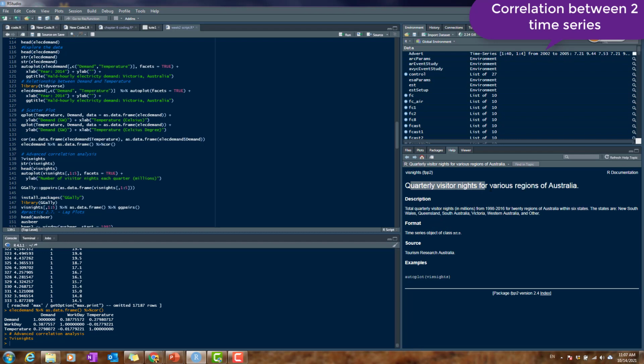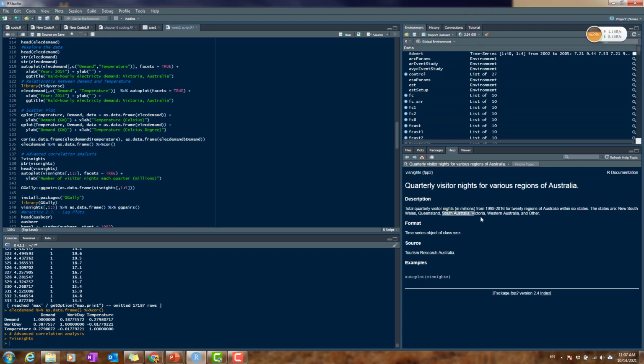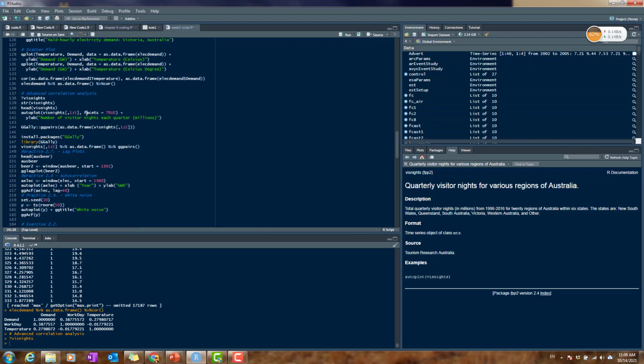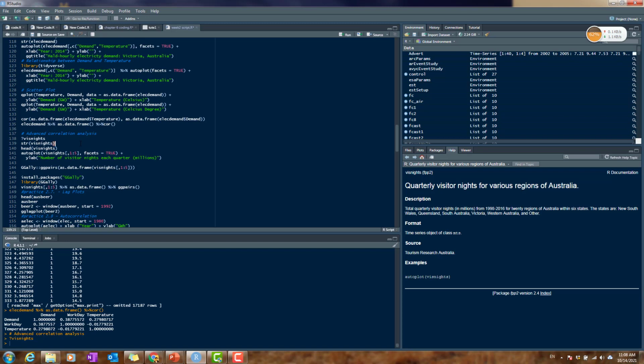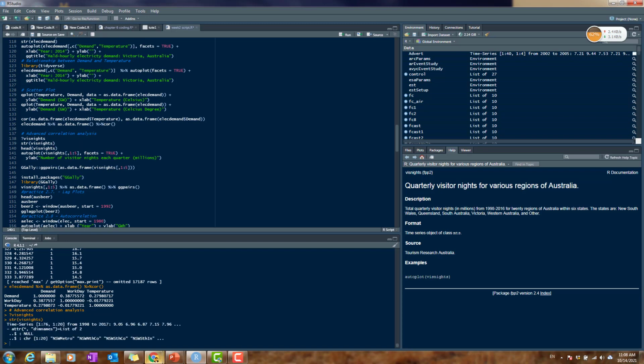That's quarterly visitor nights for various regions in Australia, including New South Wales, Queensland, South Australia, Victoria, something like that, and they cover the time frame from 1998 to 2016. Let's go and check if we have anything new about them. The data has 76 observations with 20 different variables. That's a lot.